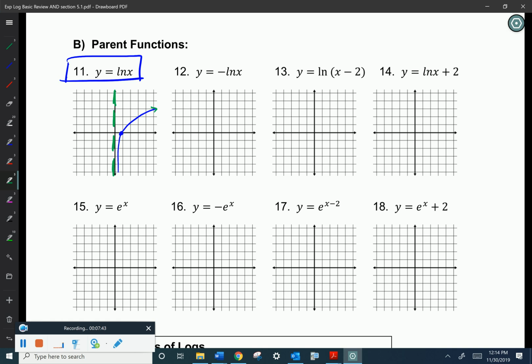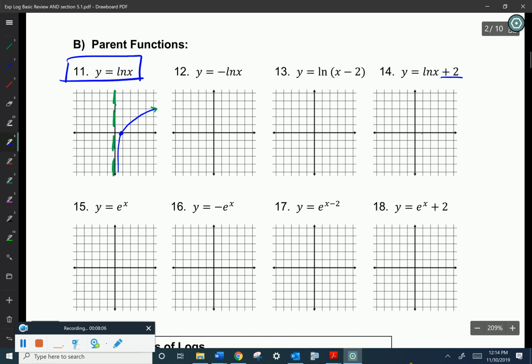So then you can apply all the different transformations, right? I'm not going to do all of them because I want you to think through them, but let's say, for example, I go over here to number 14, right? So if I think about the basic log graph, which is the one that we just graphed, and notice there's a +2 at the end, right? The +2 at the end means the whole thing is raised up 2.